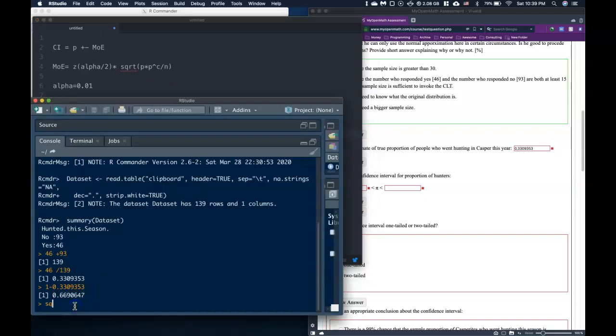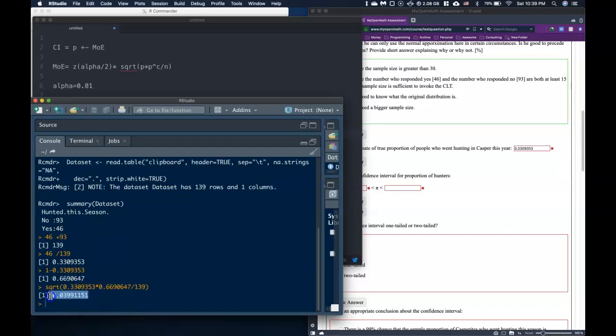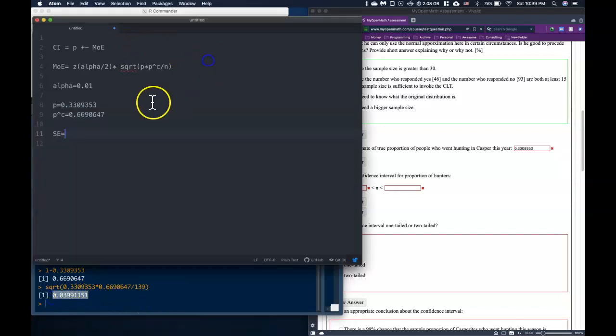That's just going to be the square root of our P times P complement, divided by our sample size of 139. And so we can grab this guy, toss it into our standard error.